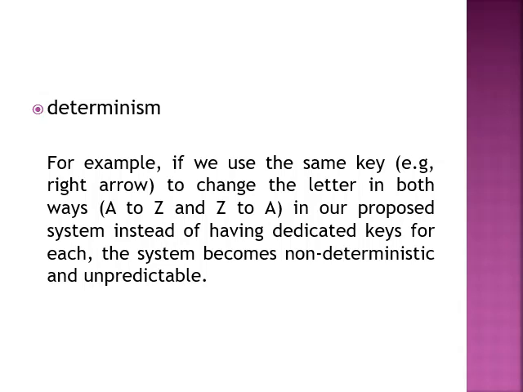This may happen by mistake or faulty design. For example, if you use the same key, that is right arrow, to change the letter in both ways, A to Z and Z to A, in our proposed system, instead of having dedicated keys for each, the system becomes non-deterministic and unpredictable.